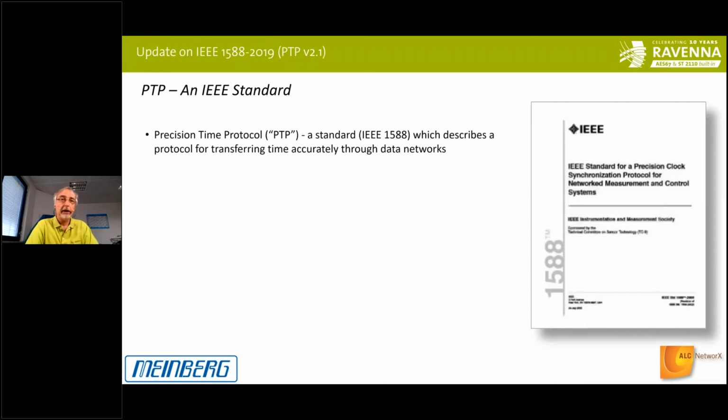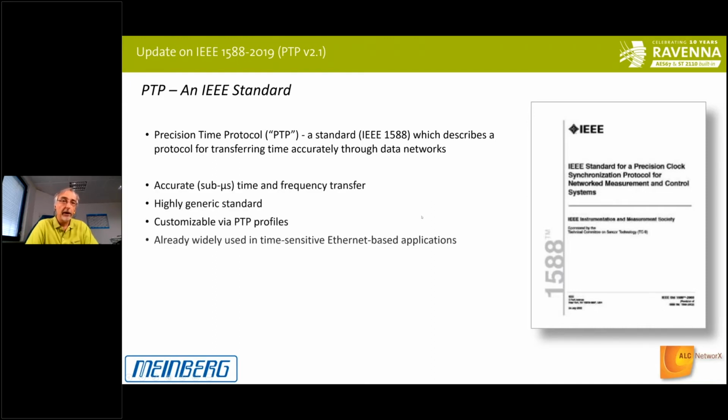First of all, an update on IEEE 1588. So PTP, everyone knows this by now, is the precision time protocol, a standard which describes a protocol which allows very accurate transport of time across data networks. It features sub-microsecond time and frequency transfer, of course.